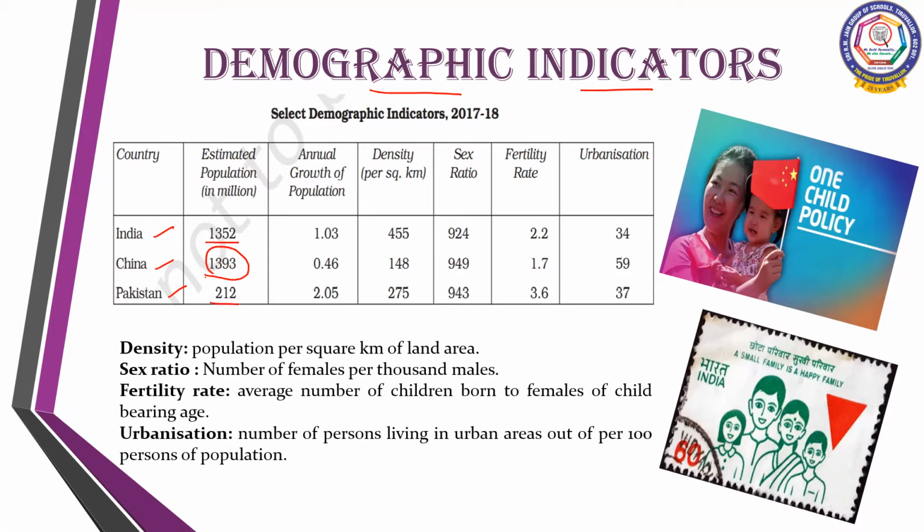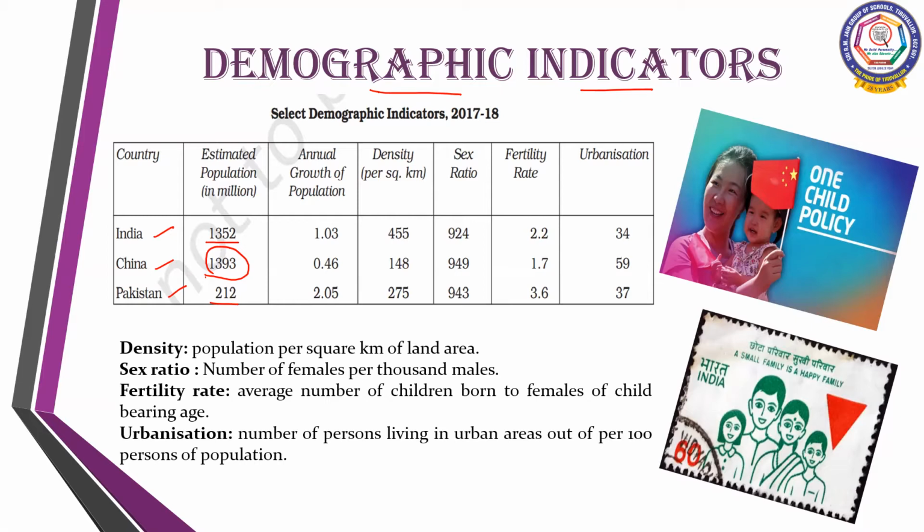As far as the geographical area or the surface area is concerned, China has the largest area and Pakistan has the smallest. The surface area of India is about 1/3 that of China.